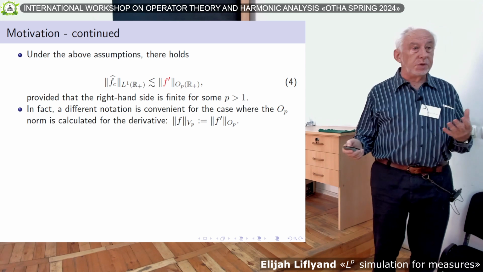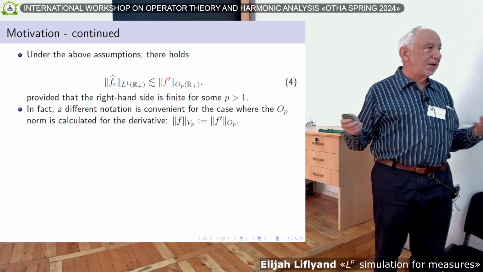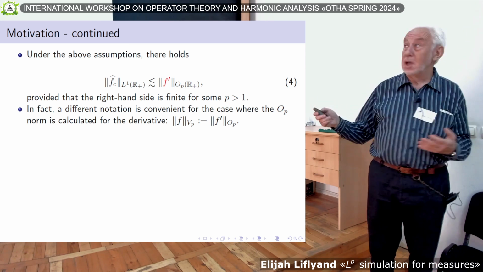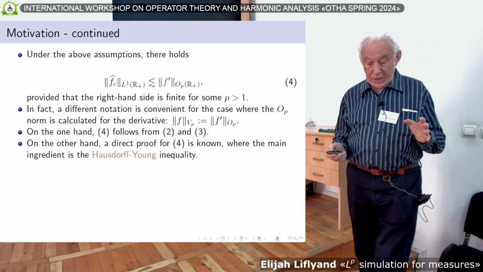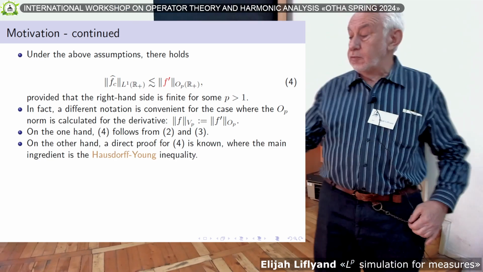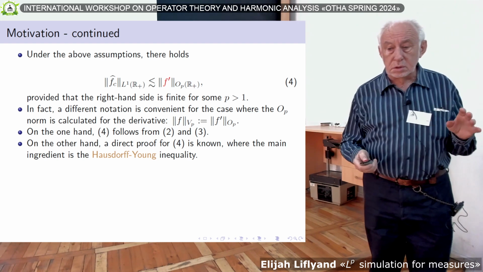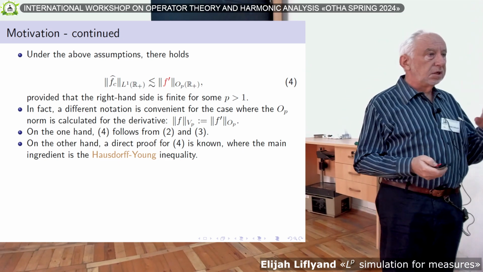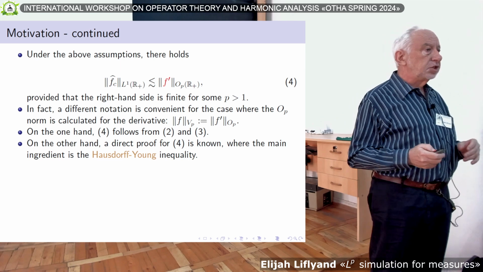But meantime, we see this result as a consequence of the previous result for Hardy spaces and embeddings. But we know that we cannot have a Hardy space framework for measures. But there is a direct proof of this result without using Hardy spaces and Hardy inequality, these strong tools.